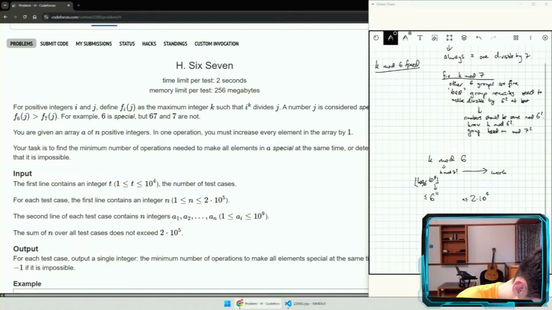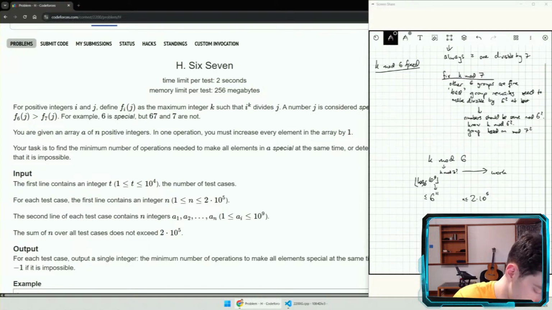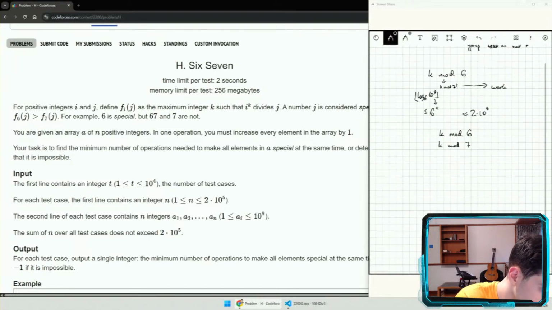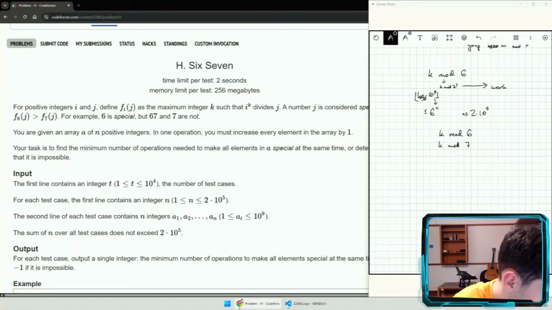The optimal answer won't always be choosing the smallest group out of these ones for k mod 7, but I can use it as a bound.